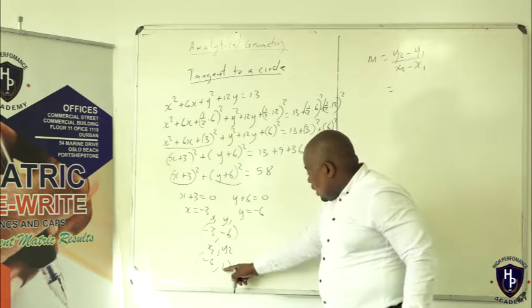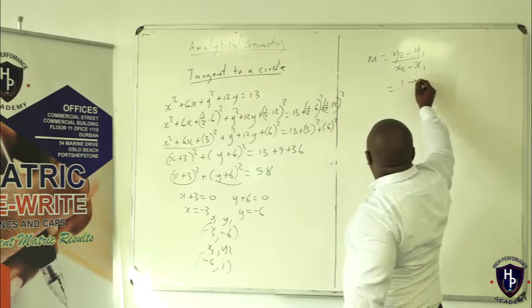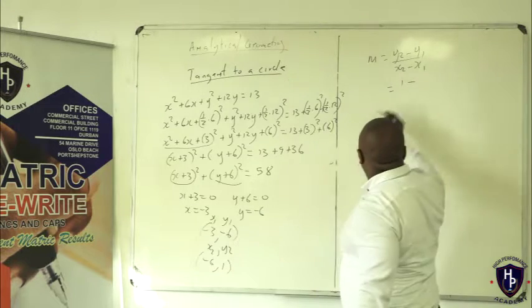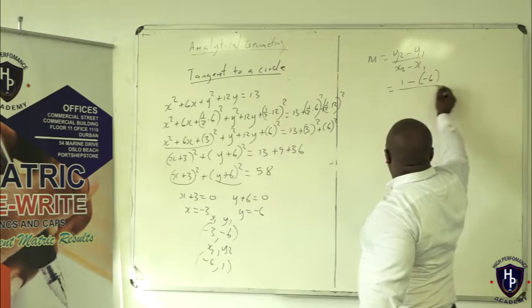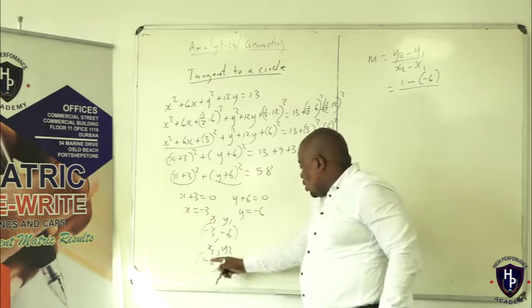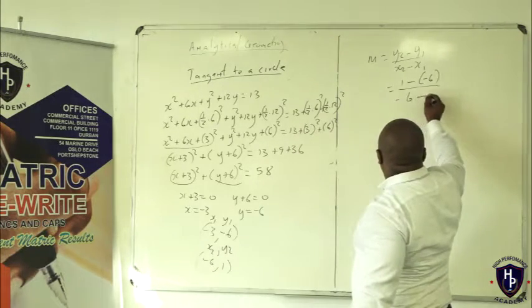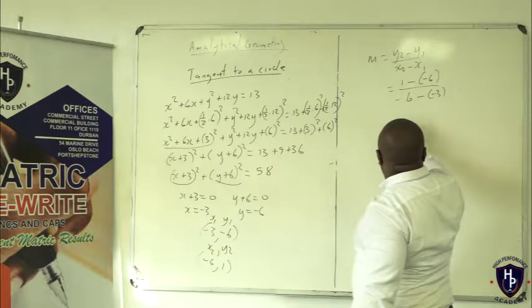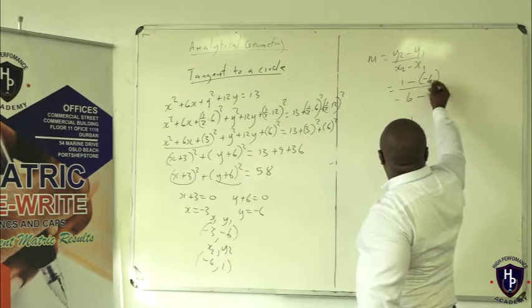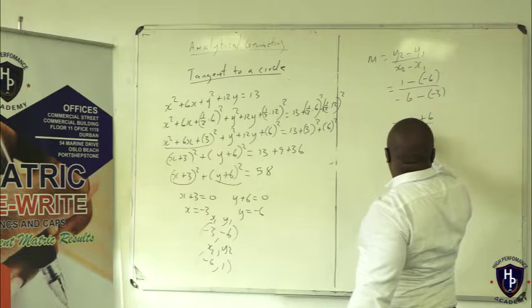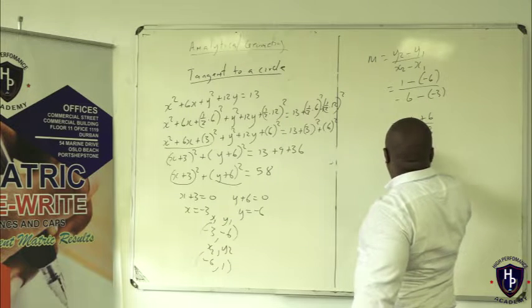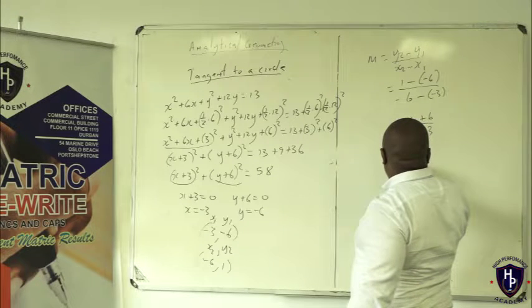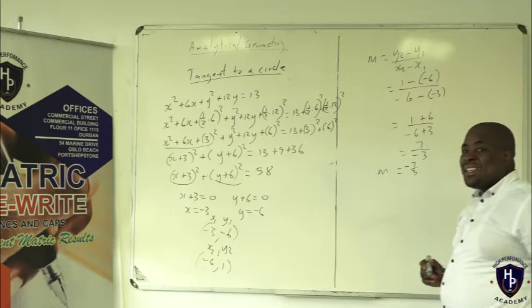Here y2 is 1, y1 is minus 6, over x2, which is minus 6, minus x1, which is minus 3. This is 1 minus and minus, plus 6, over minus 6 plus 3. This is 7 over minus 3. The answer is minus 7 over 3. This is the gradient of the radius.